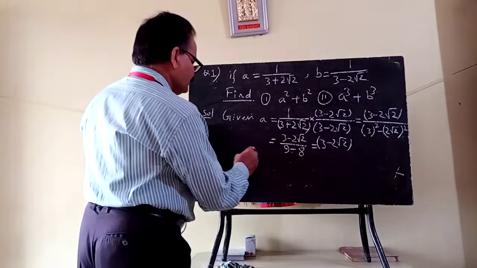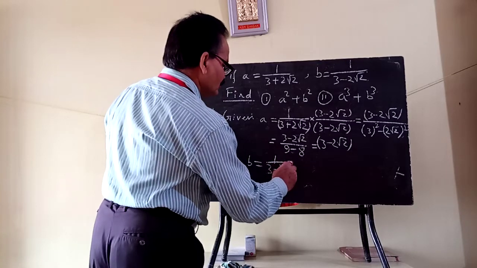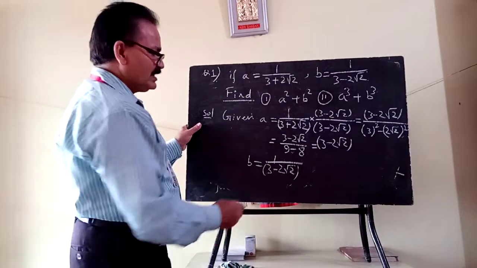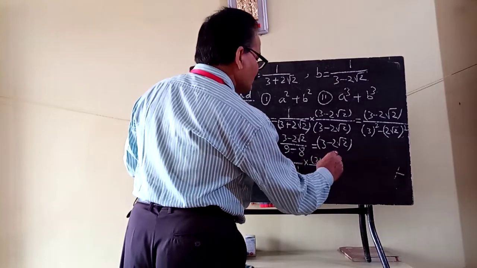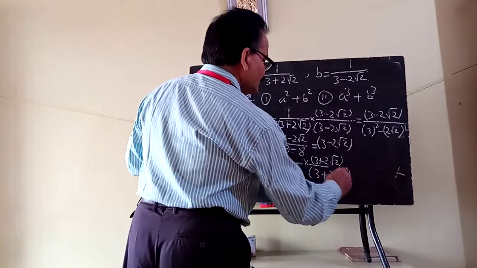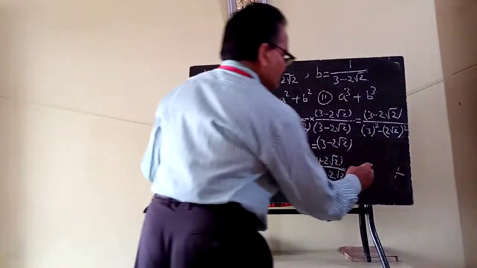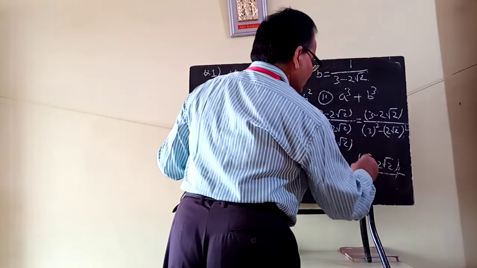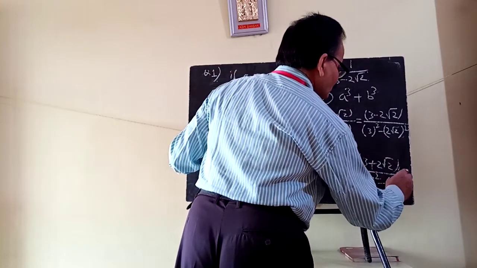Similarly for b also. b is 1 by 3 minus 2 root 2. So here your rationalizing factor will be a plus b. That means you have to multiply both numerator and denominator by 3 plus 2 root 2. After multiplication, in the numerator it is 3 plus 2 root 2, and in the denominator it is 3 square minus 2 root 2 square.